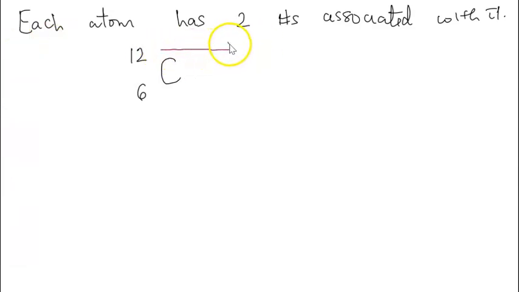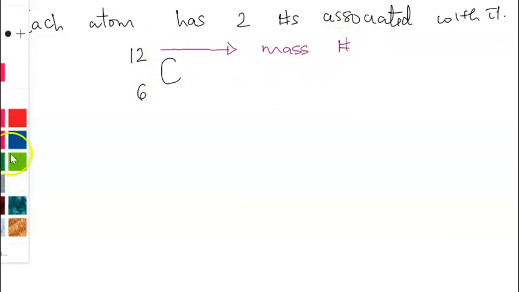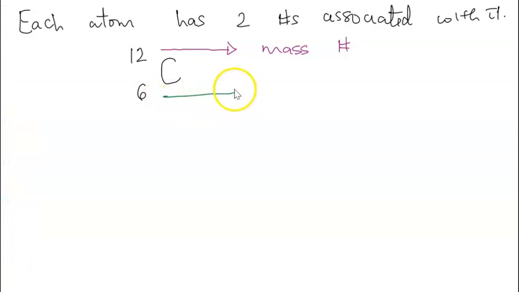This number, the 12, we call that the mass number, and the 6, we call that the atomic number.